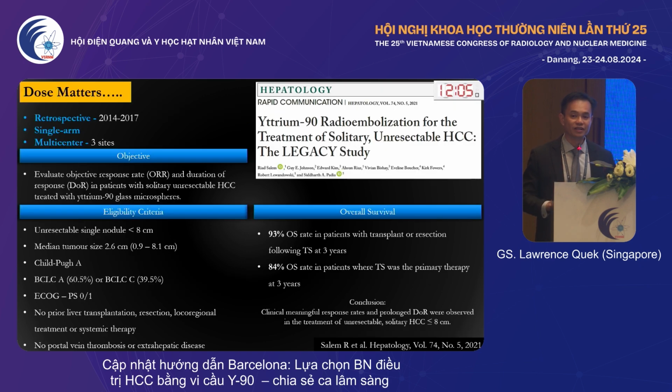And this is on the back of the LEGACY trial. The LEGACY trial had a significant impact on the new BCLC guidelines with this retrospective study. It's multi-site, between 2014 to 2017. Basically, they wanted to evaluate the objective response rate and duration of response in patients with solitary unresectable HCC treated with Y90 glass microspheres.